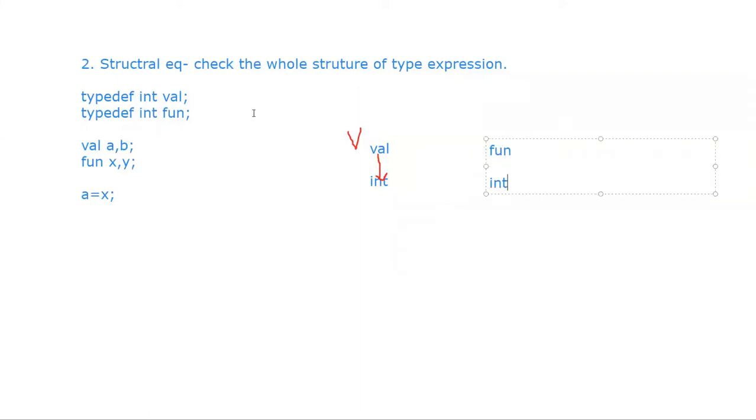Internally जाएगा तो क्या मिलेगा? integer मिलेगा. कैसे मिलेगा? कैसे ड्रॉ करेगा ट्री? fun, और fun के अंदर गया तो क्या मिला इसको? integer मिला. और fun किससे डराइव हुआ है? integer से डराइव हुआ है. इसका मतलब जो x है वो भी किस टाइप का है? इंटीजर टाइप का है. तो एक्चुअली ये क्या कंक्लूजन ड्रॉ करेगा? ये ड्रॉ करेगा कि val equals to integer, this is a which is equal to x, और x के लिए इसने क्या डेरिवेशन निकाला? fun. एक्चुअली डेटा टाइप का नाम क्या है? fun, बट ये डराइव कहां से हुआ है? इंटीजर से. सो दैट इज व्हाई इट वोंट गिव यू एनी एरर. I hope this concept is clear.